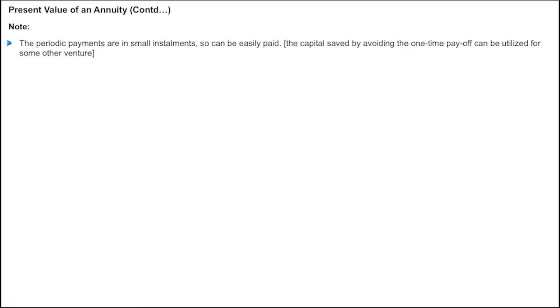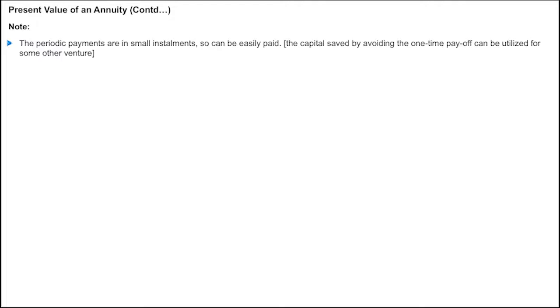Now at this point we need to make a note. These periodic payments are in small installments, so we can easily pay them. A capital saved by avoiding the one-time payoff can be utilized for some other venture. What does this mean? When you make periodic payments at equal intervals of time, these payments are small in amount and can be easily paid.